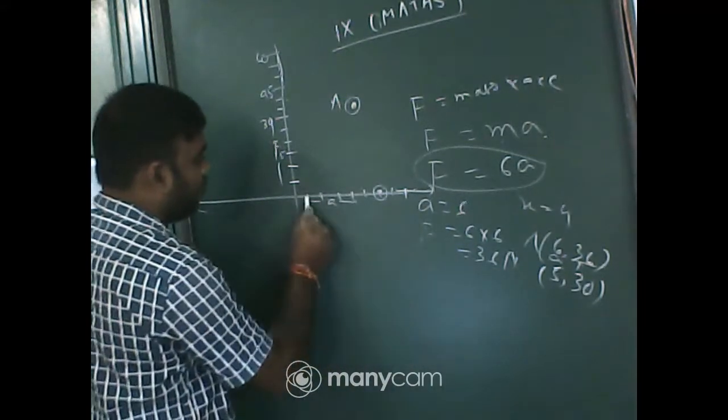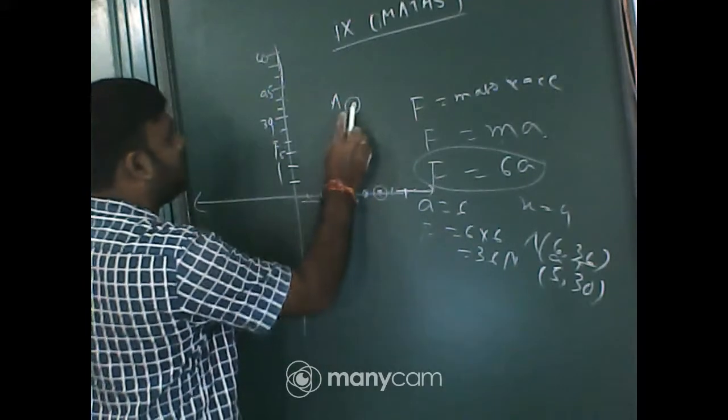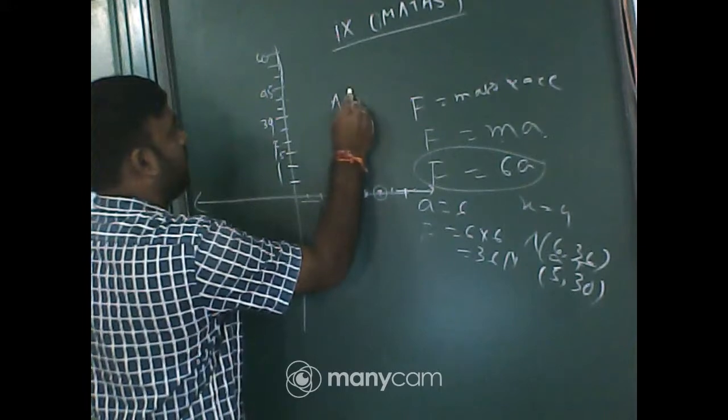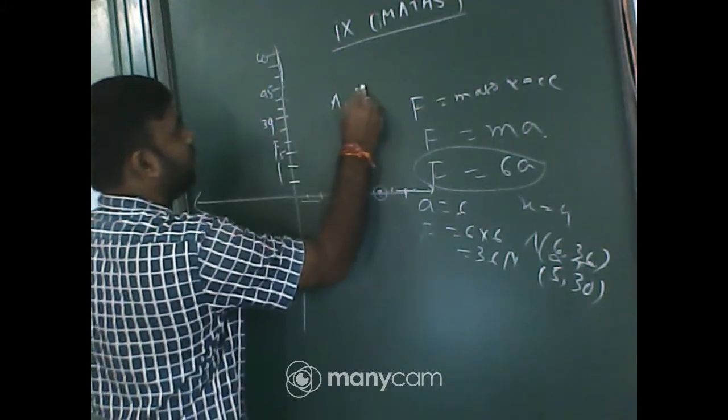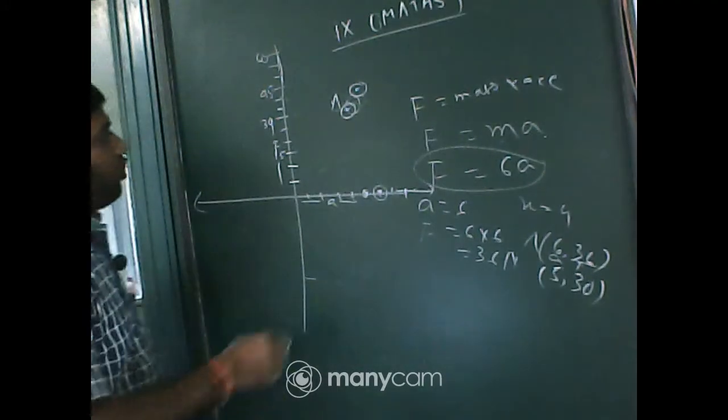Next, 5 comma 30 means 5 on this axis and 30 on the other, that point. Then just join them.